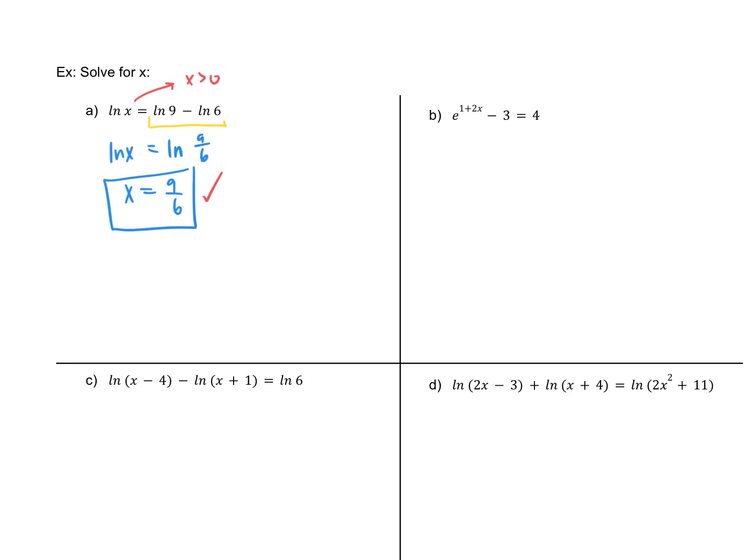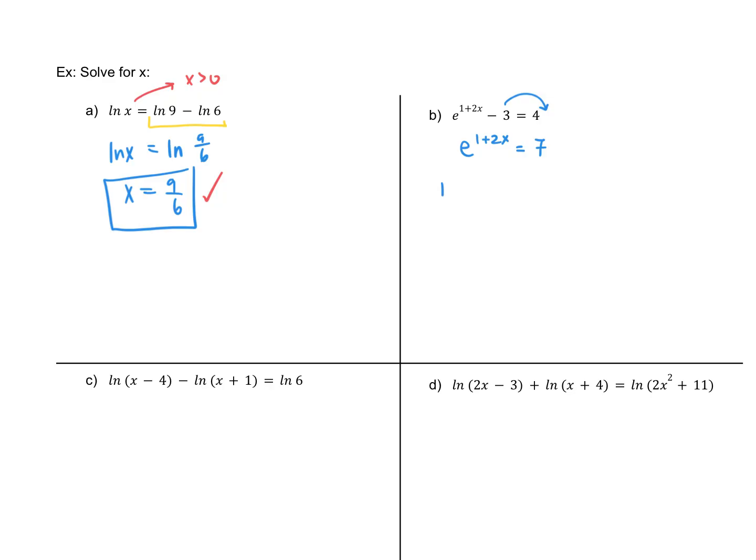The next one is an exponential equation. So I am just going to bring the -3 over to the other side. 4 plus 3 is 7. And then from here, we can turn this into logarithmic form, or we could take the ln of both sides. It'll accomplish the same thing. I'm just going to convert this into logarithmic form.